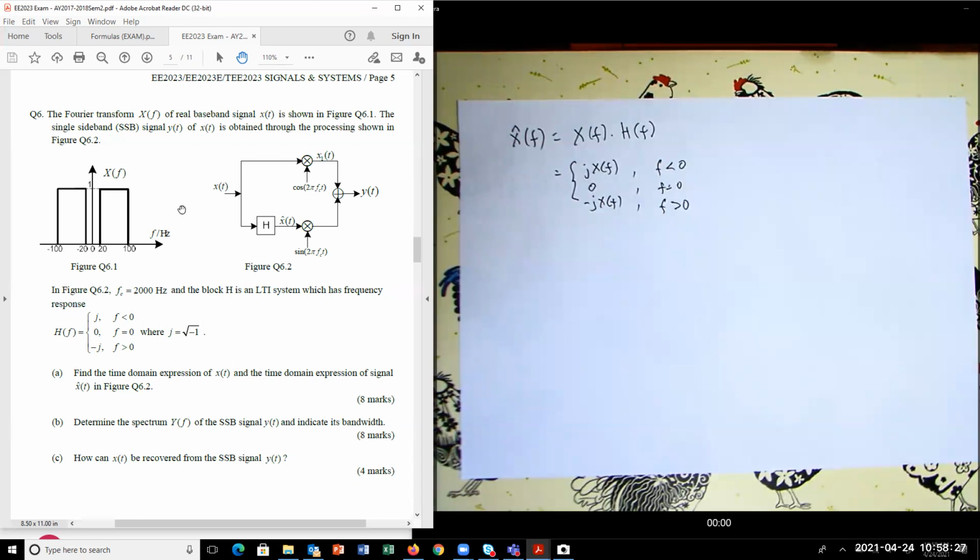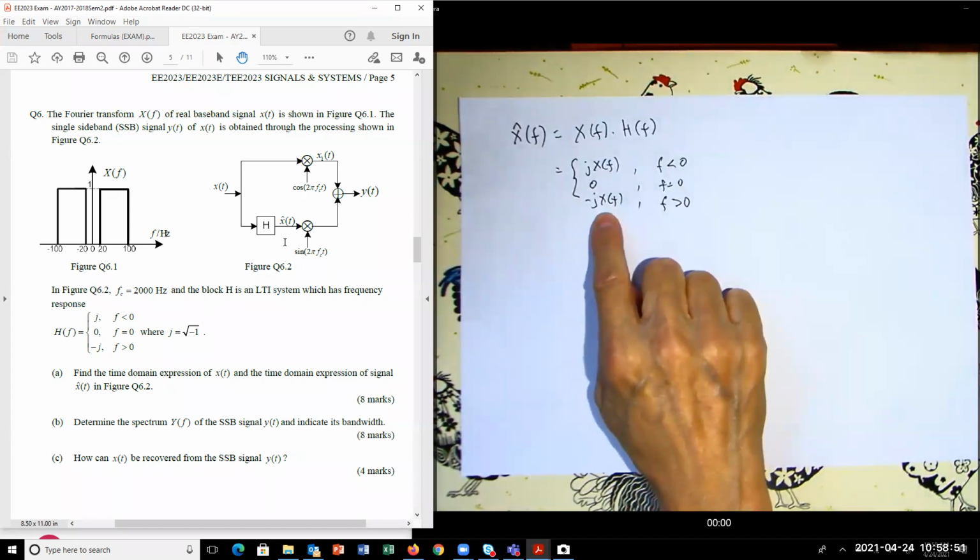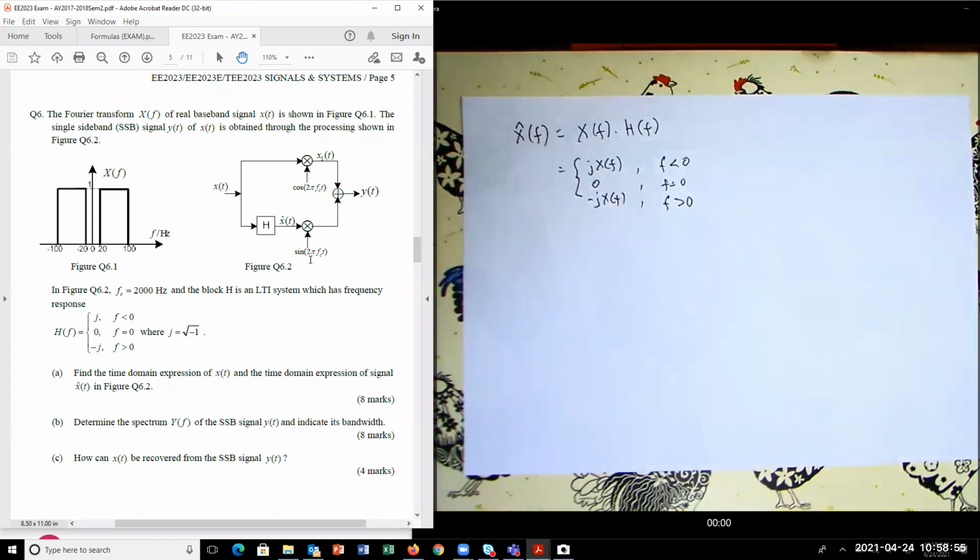That's what happens on the top rail. In the bottom rail, you have two parts. You have X(f) again, but X(f) is changed by this H(f), so it becomes this. And then you multiply with the sine.